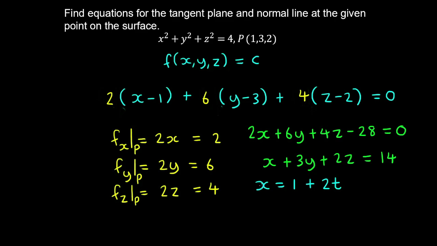So this equation locates the x coordinate of a point on the line using the parameter t. And similarly y is yp plus the partial of f with respect to y times the parameter t, and the z coordinate of the point on the line is 2 plus 4 multiplied by t.